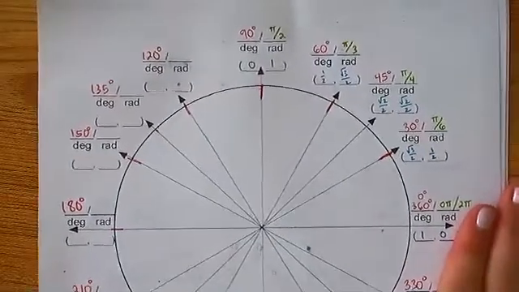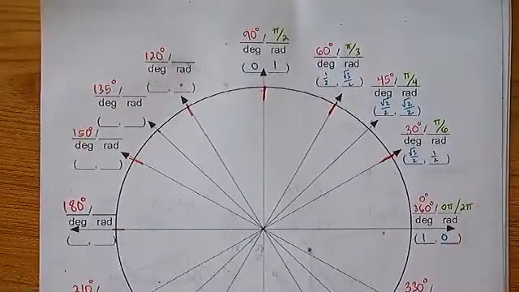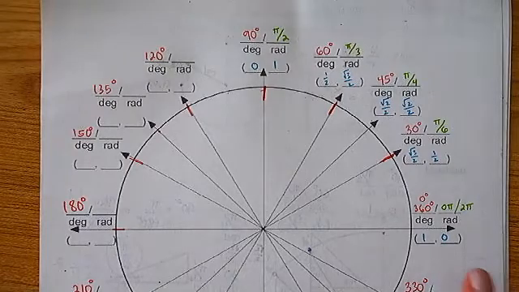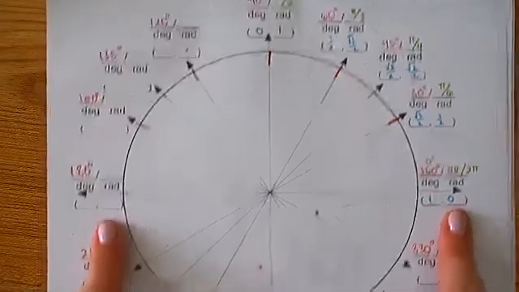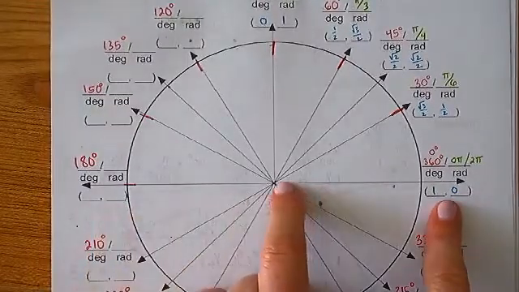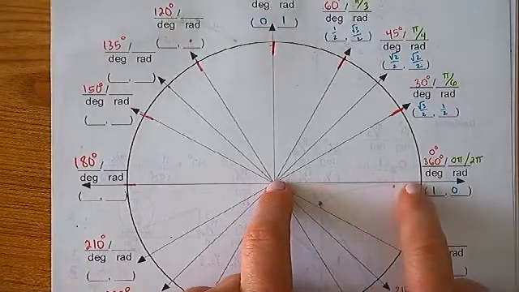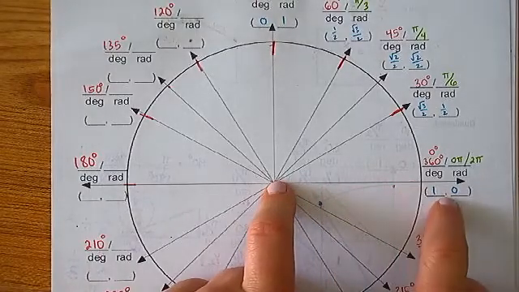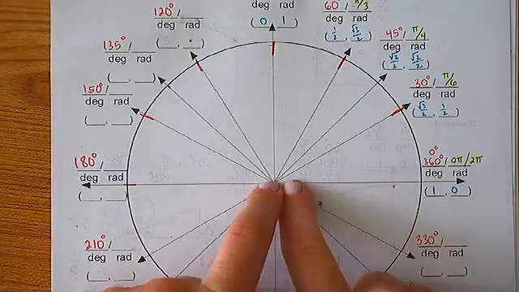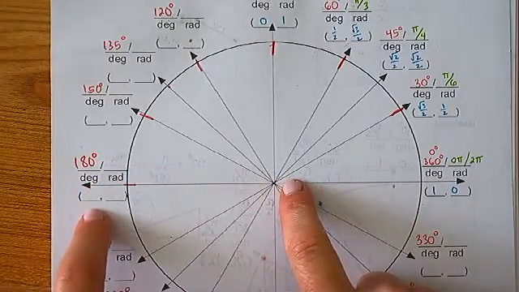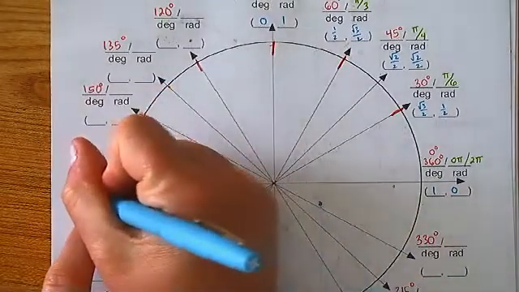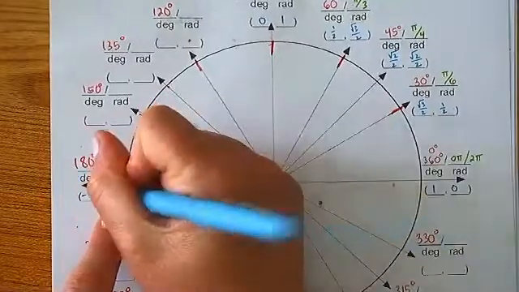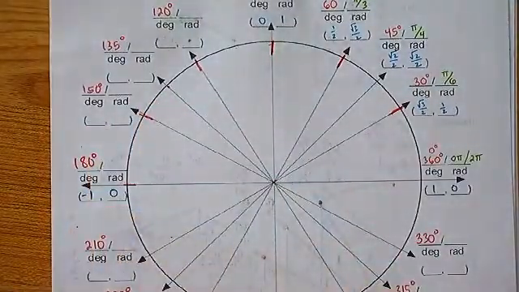Next up, I'm going to do coordinate points. So let's start with these two. You see how from the center, this is a radius, right? And because this is a unit circle, that's 1 unit. So that's why this is 1, 0. If I go to the left, this coordinate point would be left -1 and up 0.